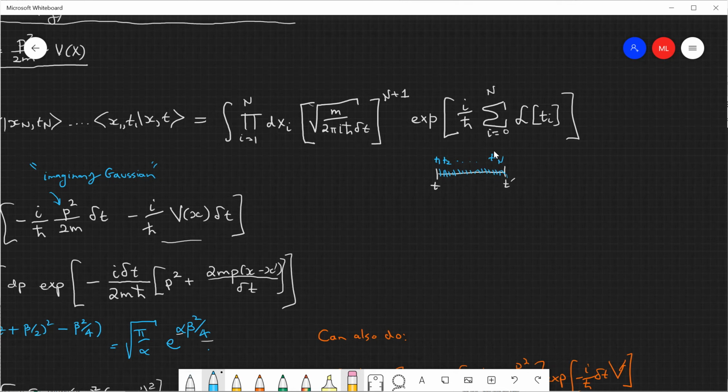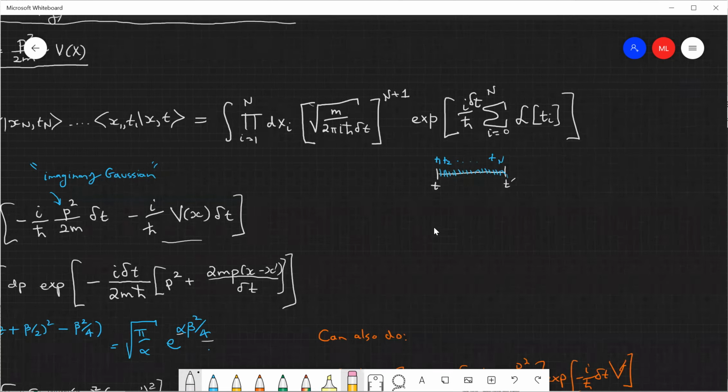Well, if you put in enough of them, they'll be infinitely closely spaced, and you'll get just a Riemann sum for an integral. Actually, in the limit that delta t gets smaller and smaller, you'll get just the integral. And I forgot, of course, the delta t. There's a delta t here.